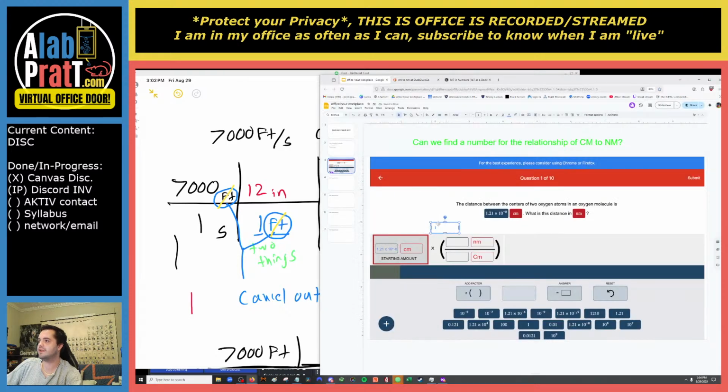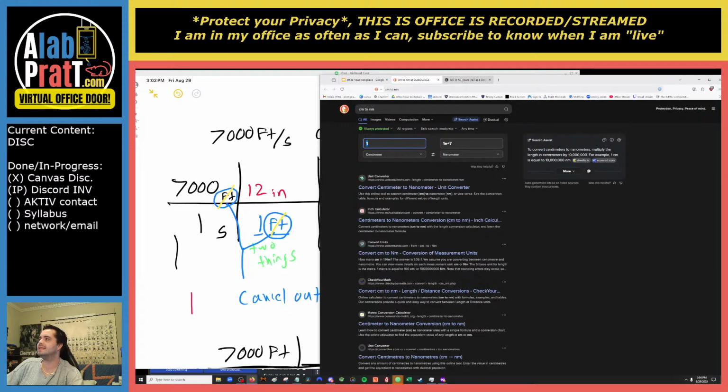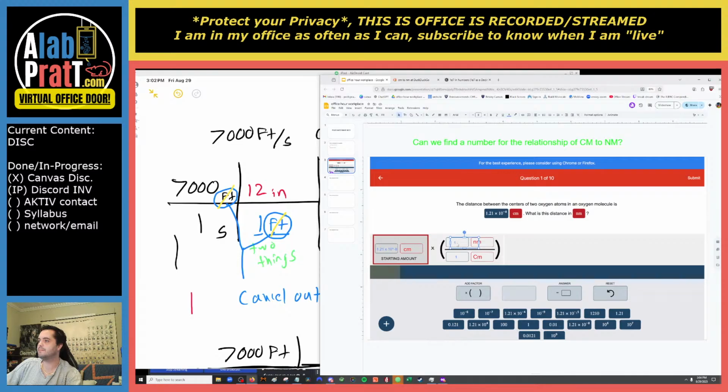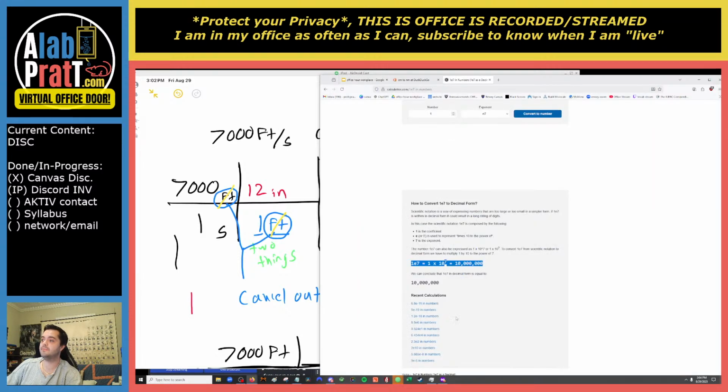So I'm going to connect the number to there. There's the number 1. And then it tells me how many nanometers, 10 to the 7 nanometers. But if I don't like that, or if it confuses me a little bit, there are other ways to write it, these ways as well.